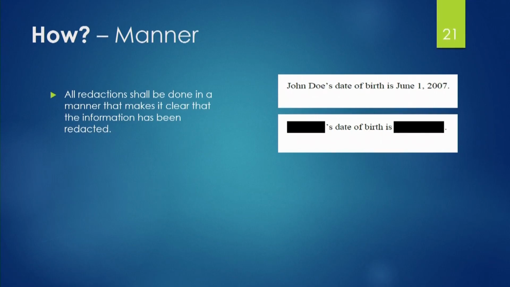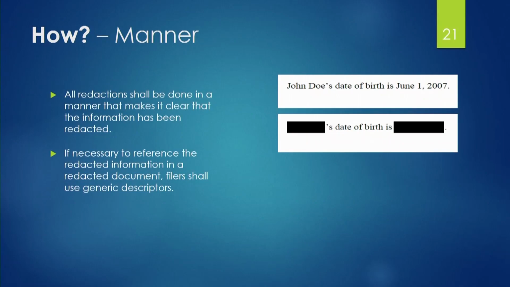If you redacted pursuant to this rule, you would strike out the name and the actual date of birth. So you've made it clear that identity and date of birth, and the reason this particular one is chosen, this person would be a minor. And so their name cannot be displayed and their date of birth cannot be displayed.